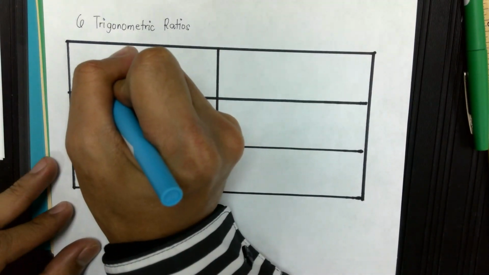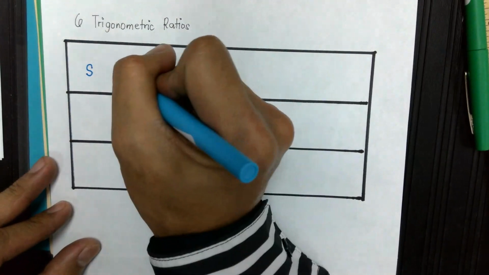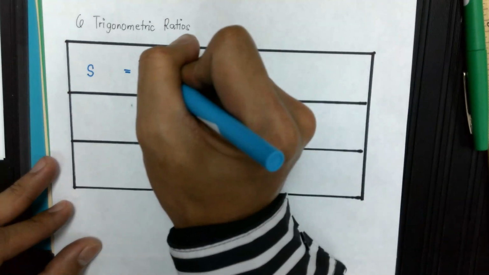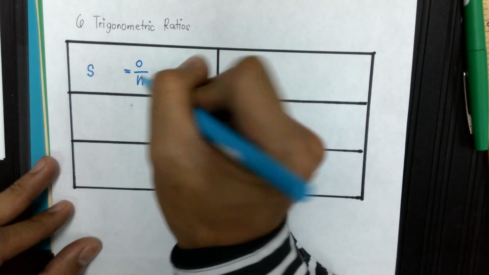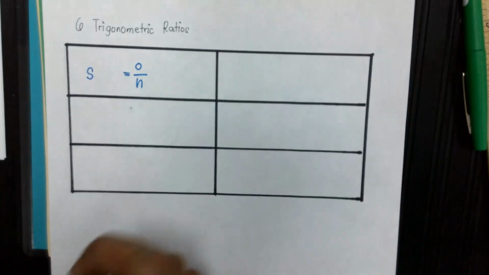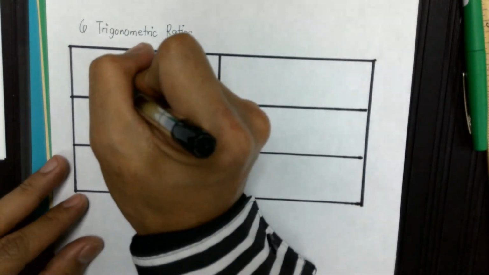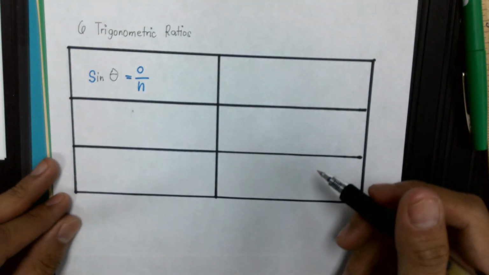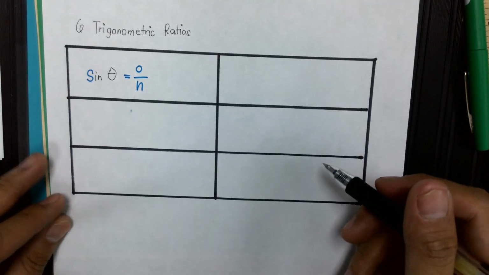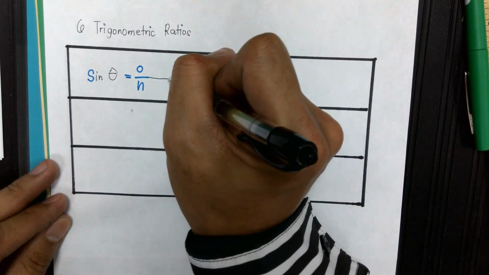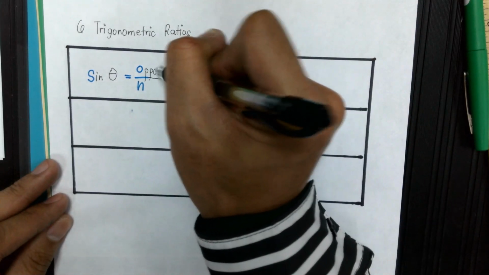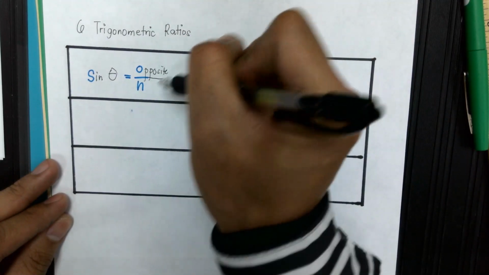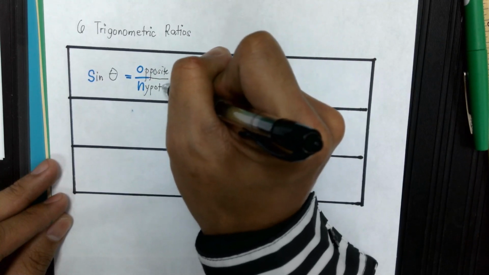So we start with SO, that means it's the sine function equal to the ratio of the opposite side and the hypotenuse.